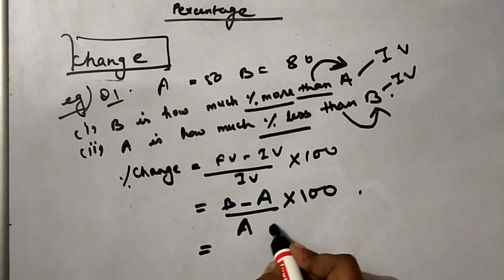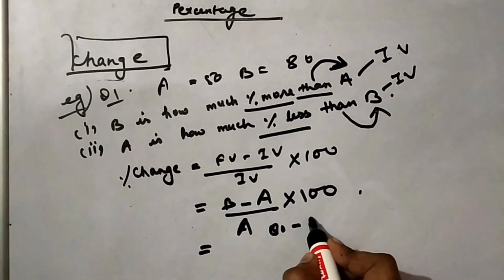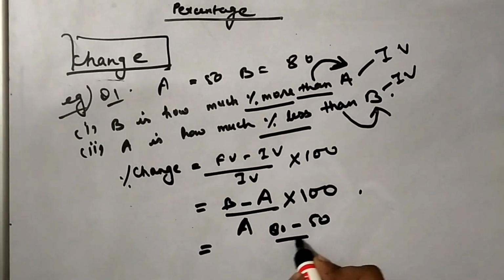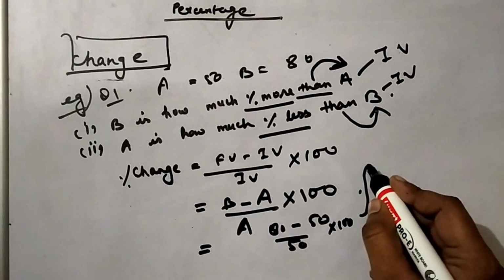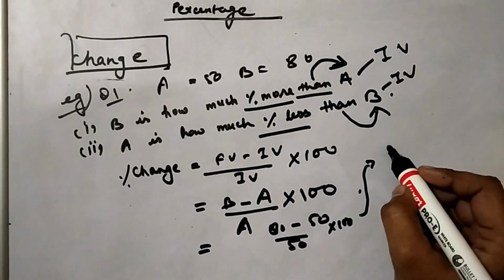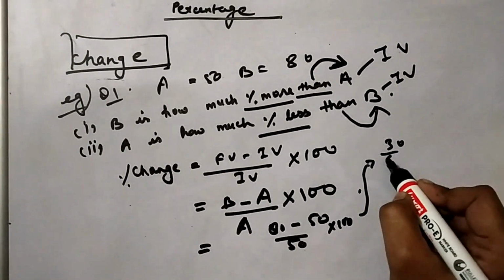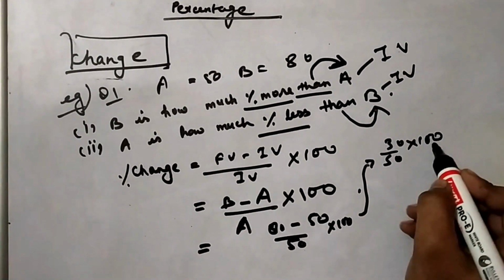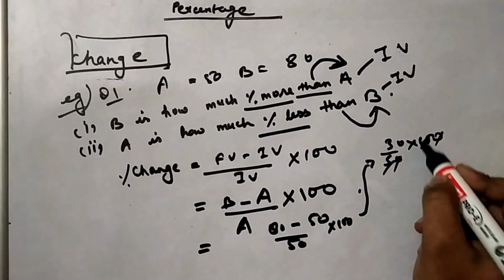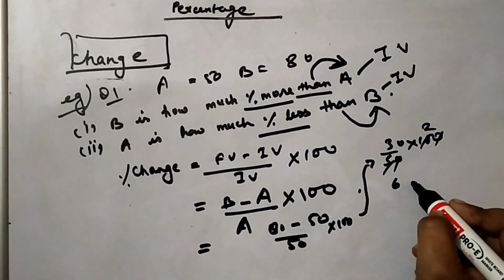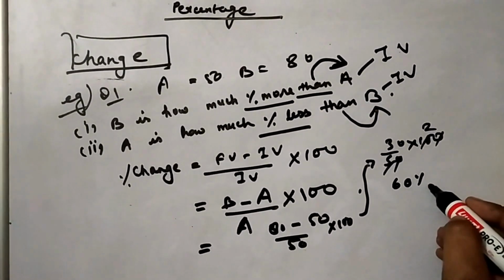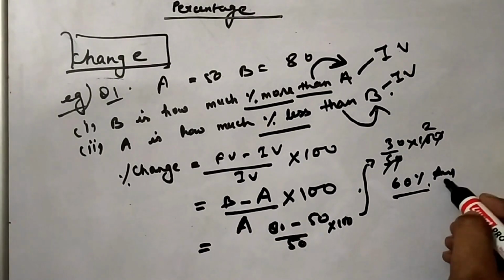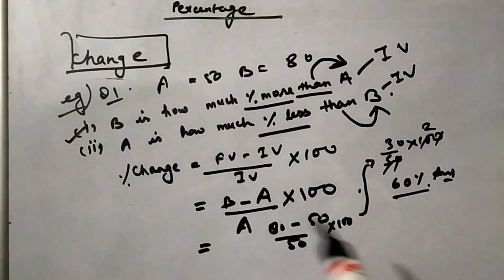B is 80 minus 50 upon 50 into 100. So 30 upon 50 into 100. 60 is the answer. 60% is the answer of the first question.